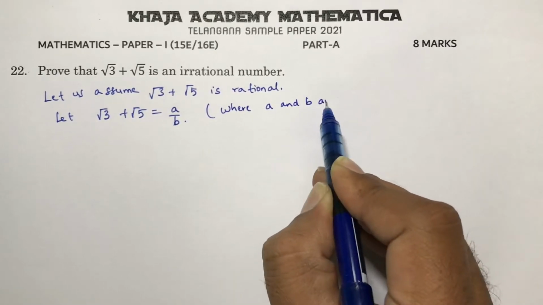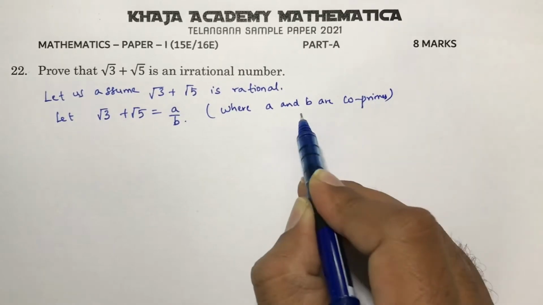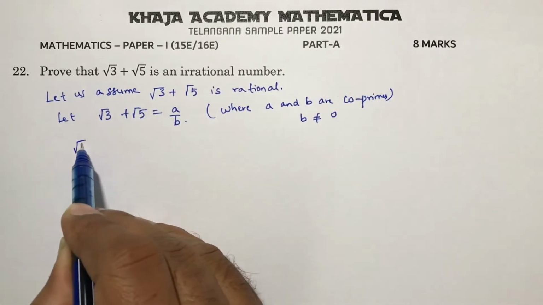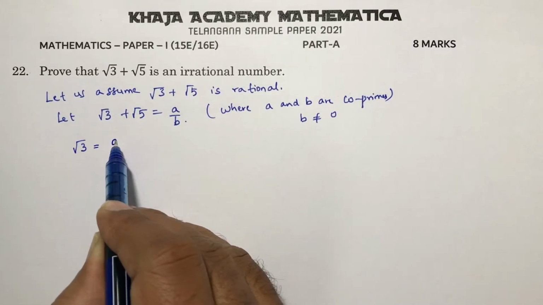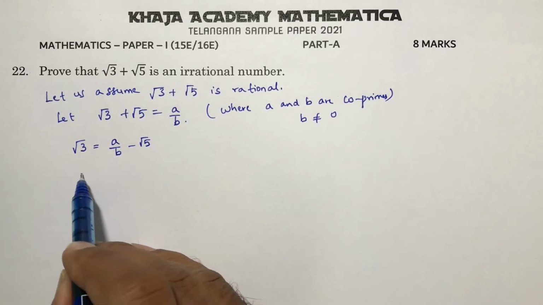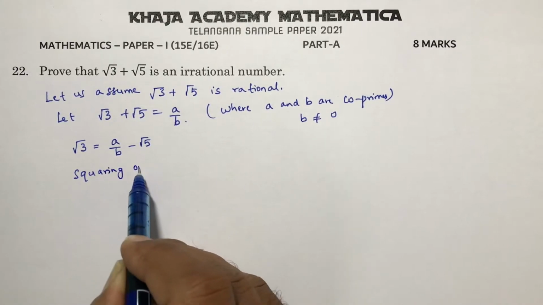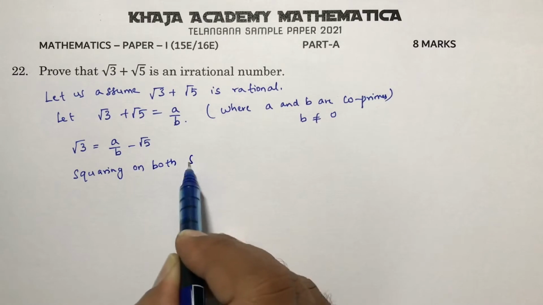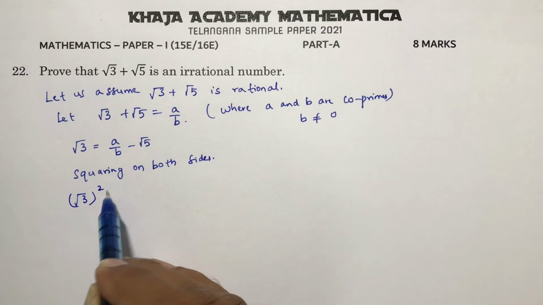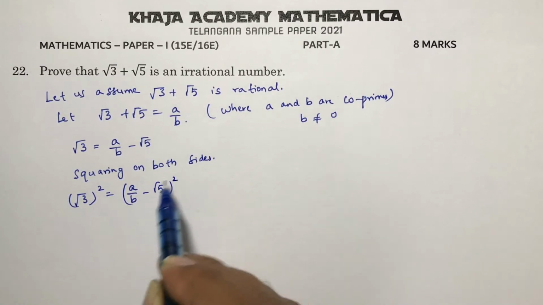Where a and b are co-primes and b is not equal to 0. So here root 3 equals a by b minus root 5. Now squaring on both sides, you'll get root 3 whole square equals a by b minus root 5 whole square.